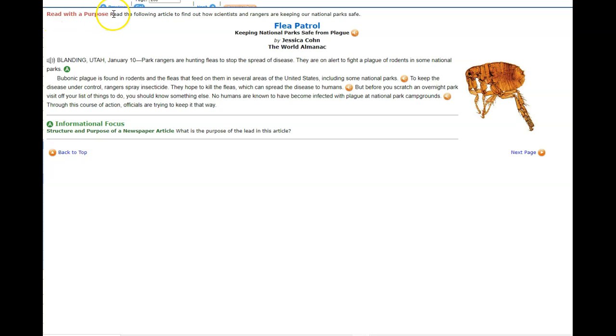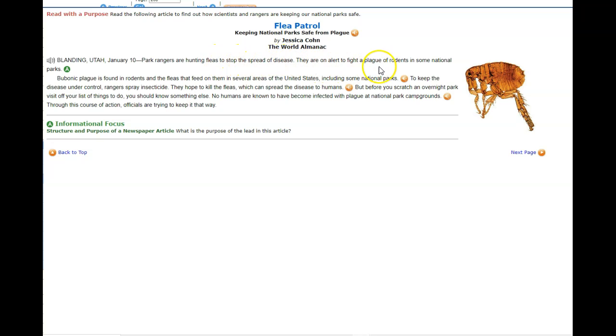Read with a purpose. Read the following article to find out how scientists and rangers are keeping our national parks safe. Flea Patrol. Keeping National Parks Safe from Plague by Jessica Cohn, The World Almanac. Blanding, Utah, January 10. Park rangers are hunting fleas to stop the spread of disease.